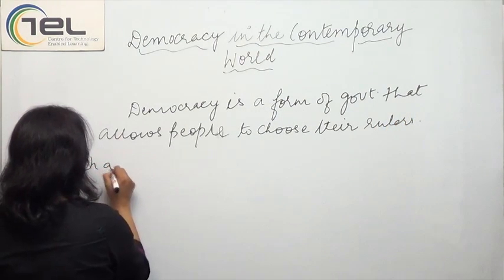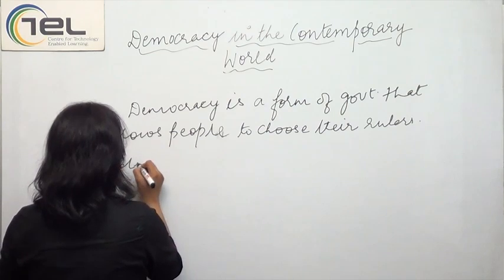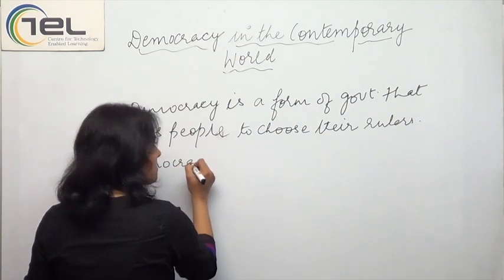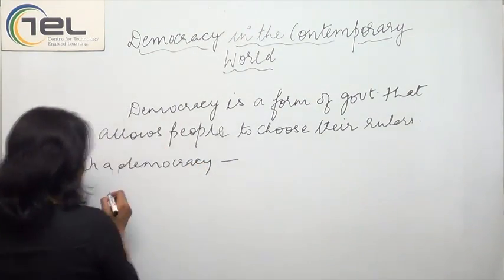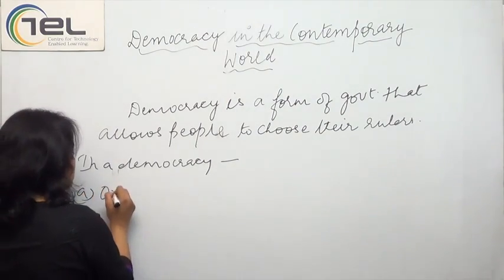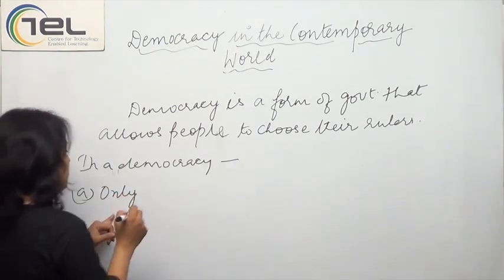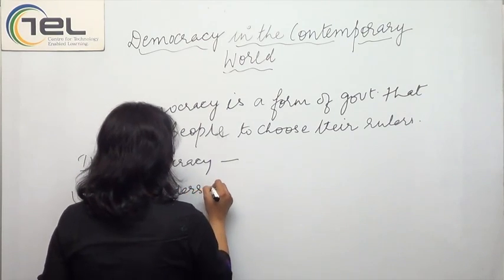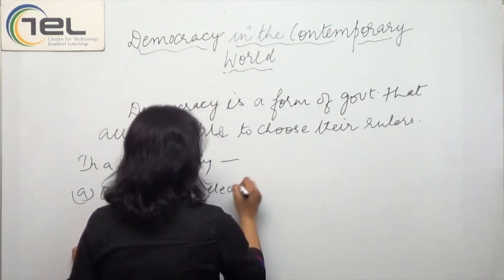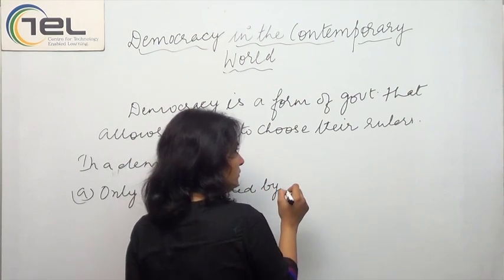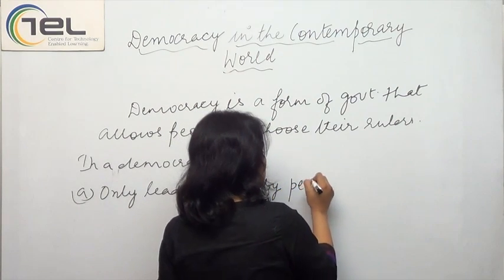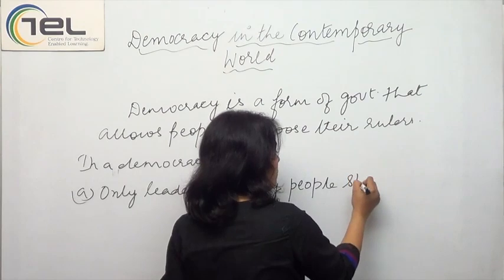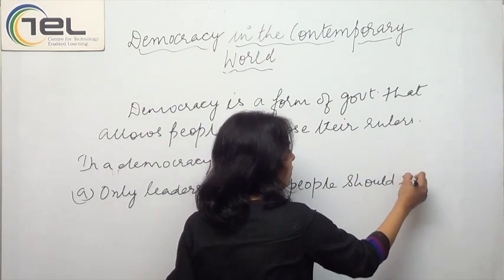In a democracy, only those leaders should rule who are elected by the people. Only leaders elected by people should rule.